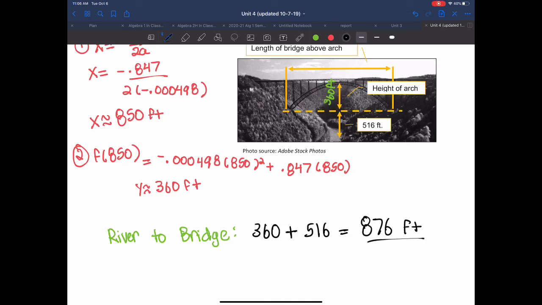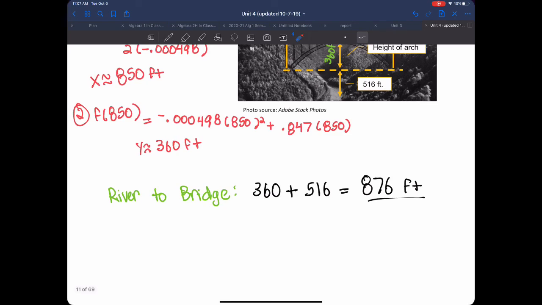Now I need to figure out what the length of the bridge is, okay? So what's the length of the bridge? And that is represented up here. What is this length up here? So I'm going to figure out how to do this. So, length of bridge.